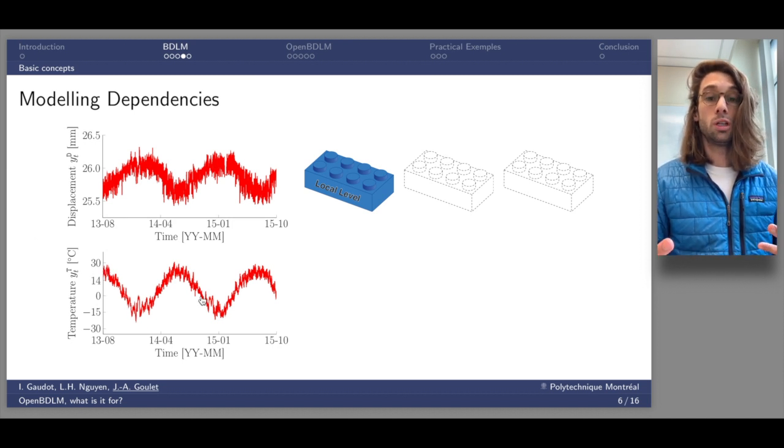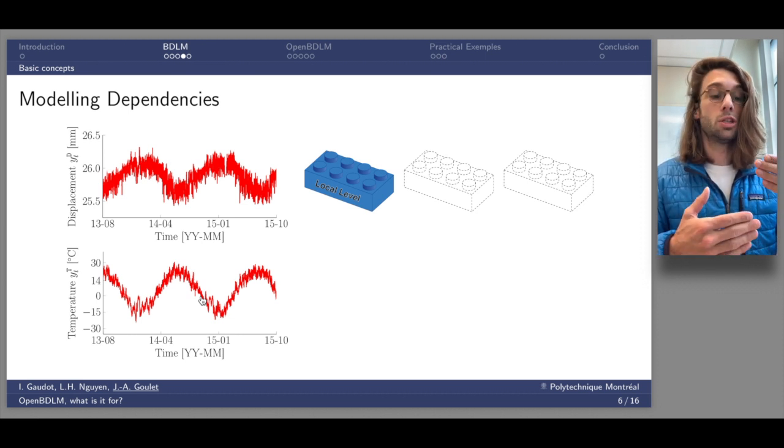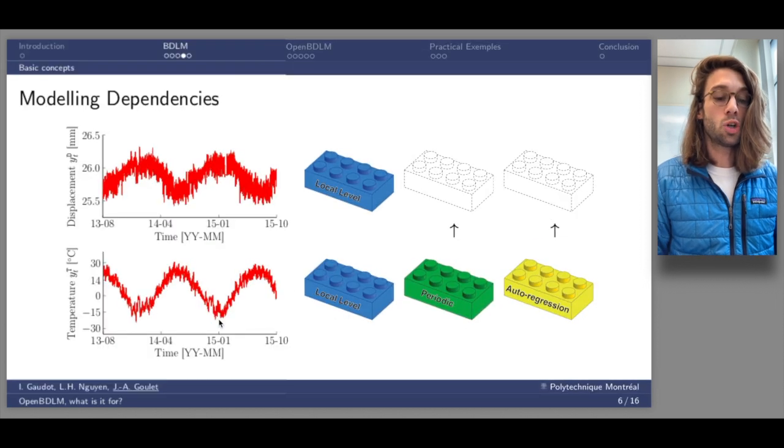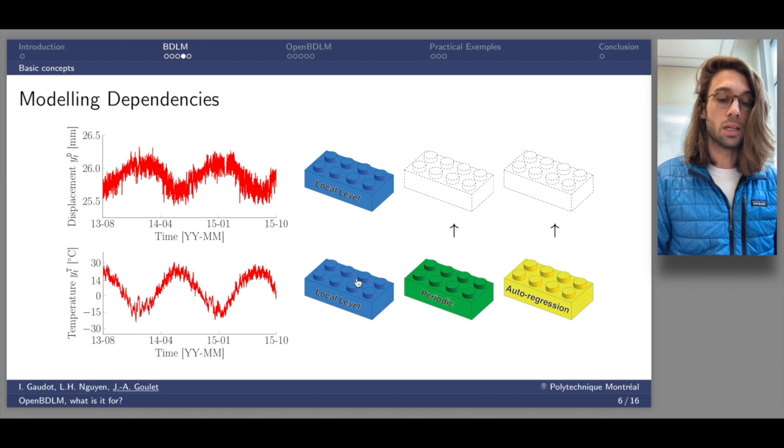So what we want to do is to model and estimate simultaneously the response of both displacement as well as temperature. And here what we want to do is to create dependency between the hidden state of displacement and the hidden state of temperature. So in the case of temperature, we're going to have three blocks: a local level representing the baseline of the temperature, a periodic behavior to represent that seasonal effect, as well as an autoregressive behavior to represent a time-dependent component that is not modeled by these two others.